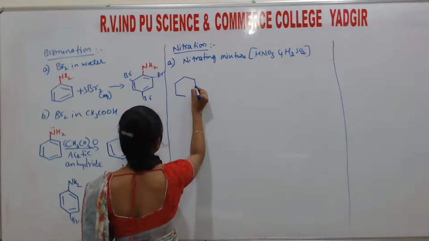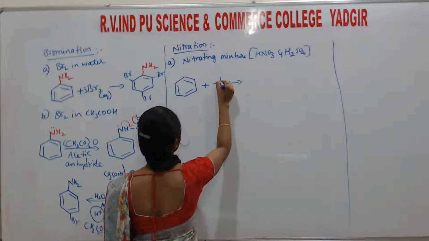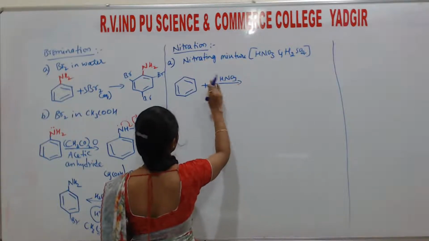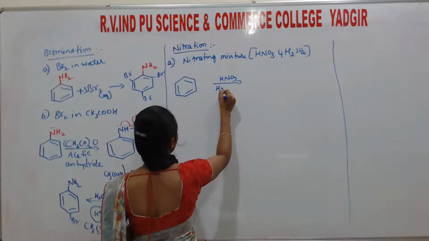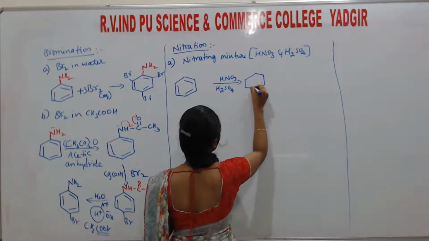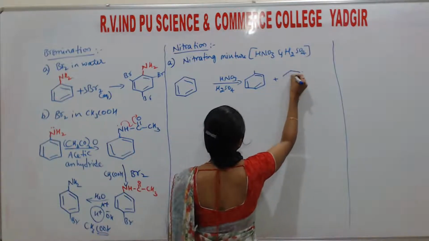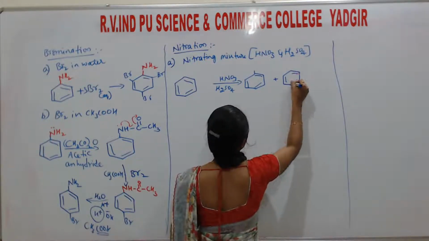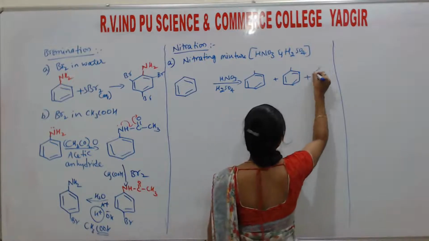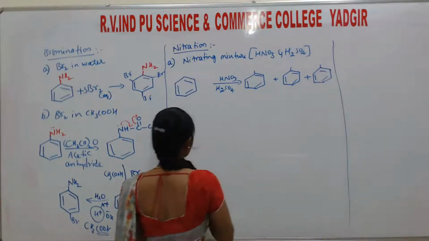So here I write, this is aniline. When this reacts with HNO3 and H2SO4, it forms three different compounds. What are those three different compounds?